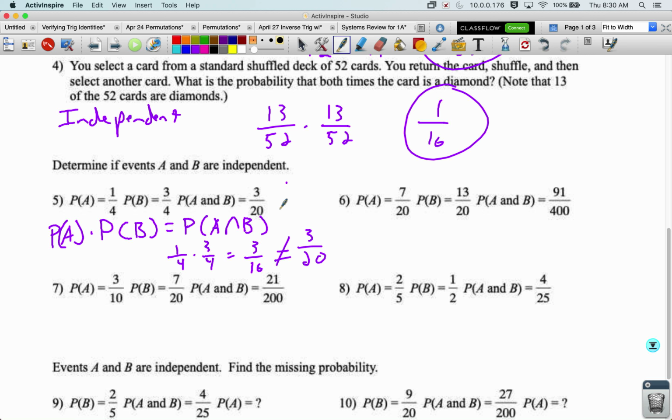So we'll just say no. Or you can say they are dependent, but you can just say no, and that's fine.